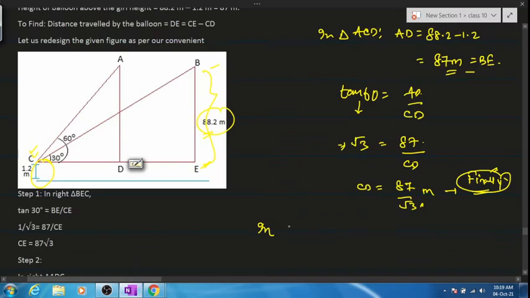Okay. Now in the bigger triangle BEC, what do we have? Tan 30 as BE by CE, yes or no? Can anybody tell me what is the value for CE out here? Confirm what is the value for CE.